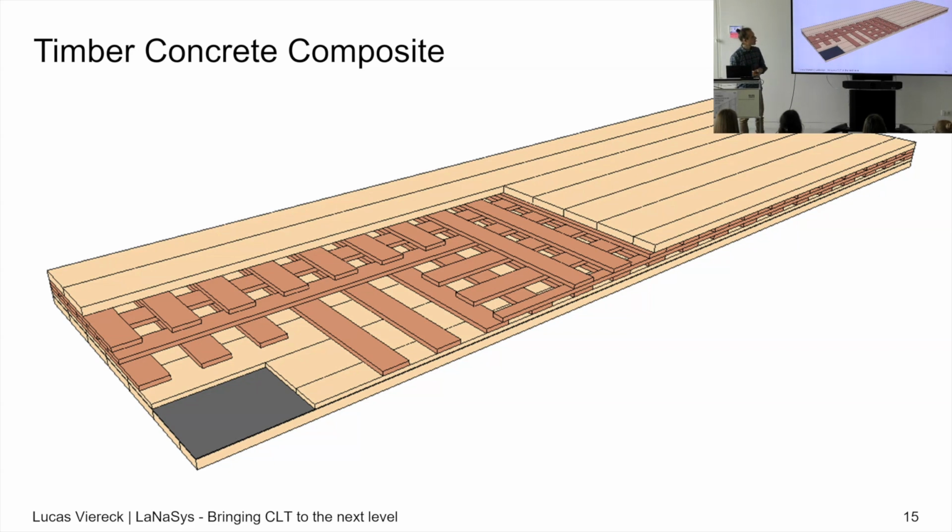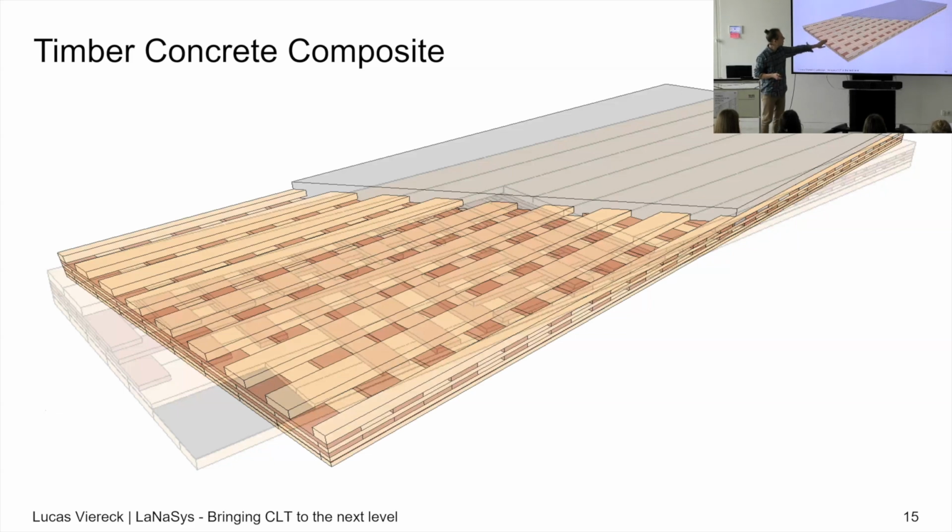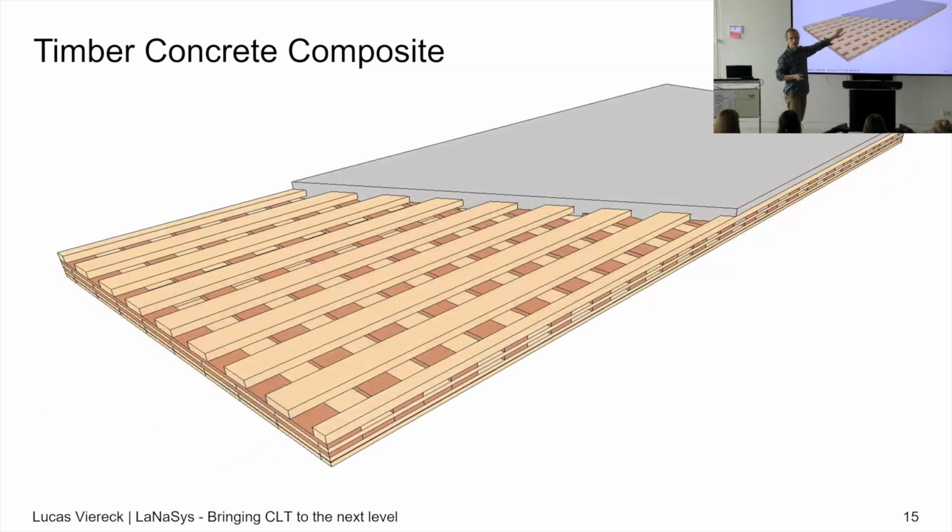And our approach to make timber concrete composite was to disintegrate also the top layer and then pour the concrete inside the element so that we have a fitting between timber and the concrete without the need for any additional fasteners. So if a manufacturer can manufacture those LaNaSys elements, it's very easy to also make timber concrete composite elements.